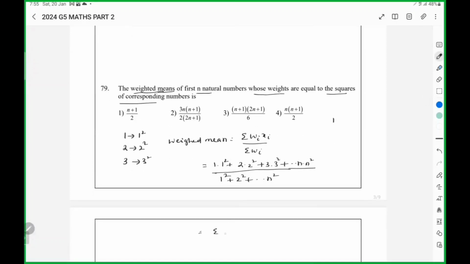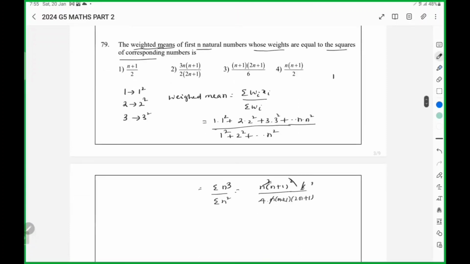It's 1 cube, 2 cube, sigma n cube by sigma n square. We have a formula for sigma n cube, and a formula for sigma n square: n into n plus 1 into 2n plus 1 by 6.